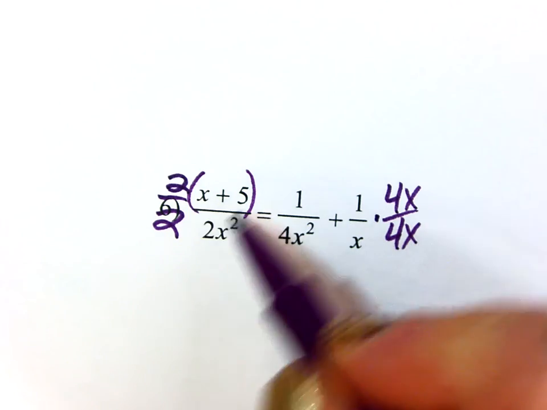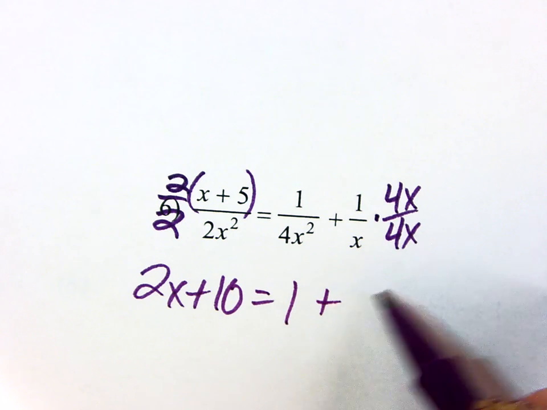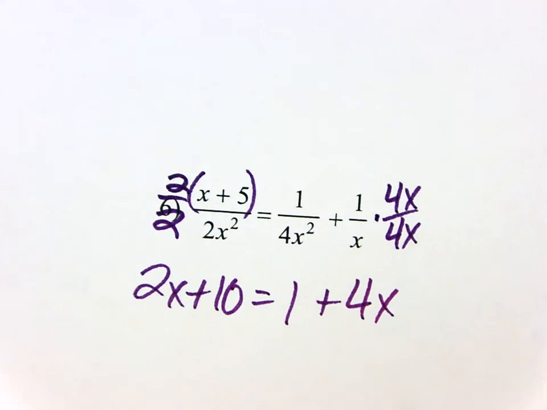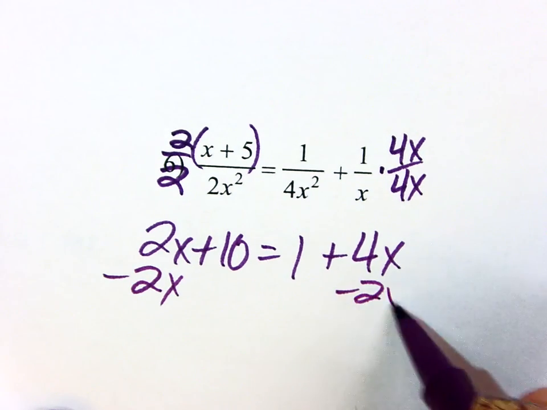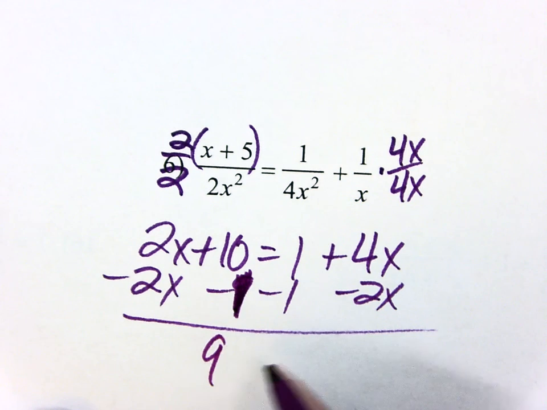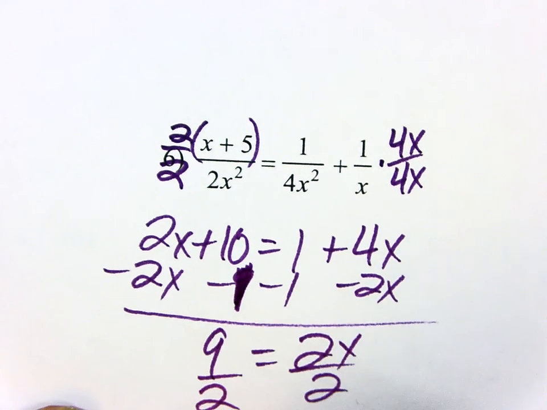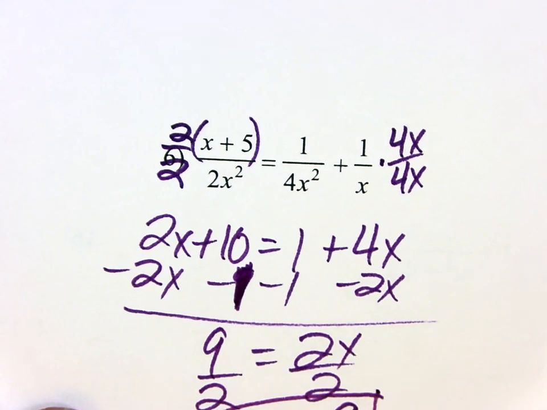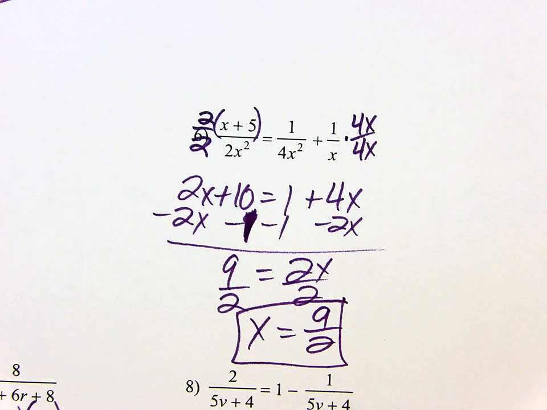I have to do 2 times all of that. 2x plus 10 equals 1 plus 4x. So there's my equation, and now I just get to solve. Did you say 9 over 2? I agree. And that is not going to turn any of my denominators into zeros, so I'm fine.